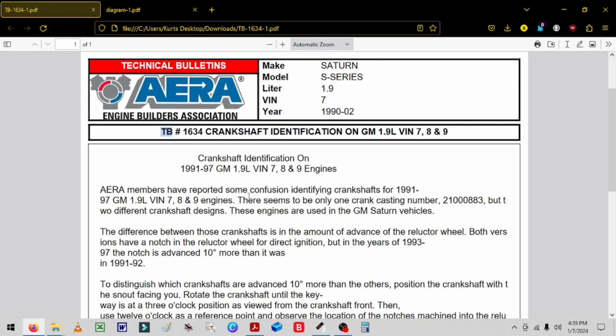So now AERA is an organization. It is for engine builders and things like that. So I guess at one time they didn't know, and of course most don't, that there's a difference in crankshafts. I think most Saturn enthusiasts, especially on these older performance sites, used to have a cache of information about which pistons could be swapped, which rods, which cranks in this case.